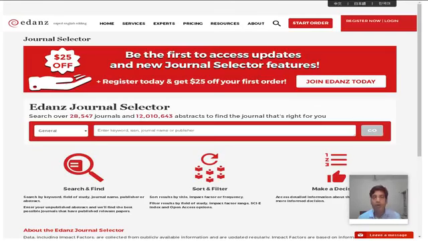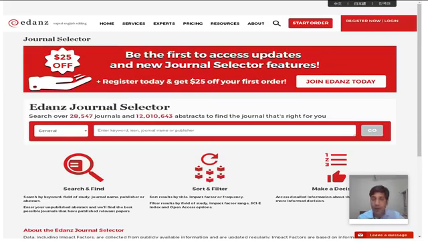Now, if you are not looking for any specific publisher in which you want to publish your manuscript, there is an aggregator called Edanz. These platforms help you find the appropriate journal for your manuscript. And the beauty of this platform is that it indexes more than 28,000 journals and 12 lakh article abstracts, so that it will give you the best possible results for suitable journals.